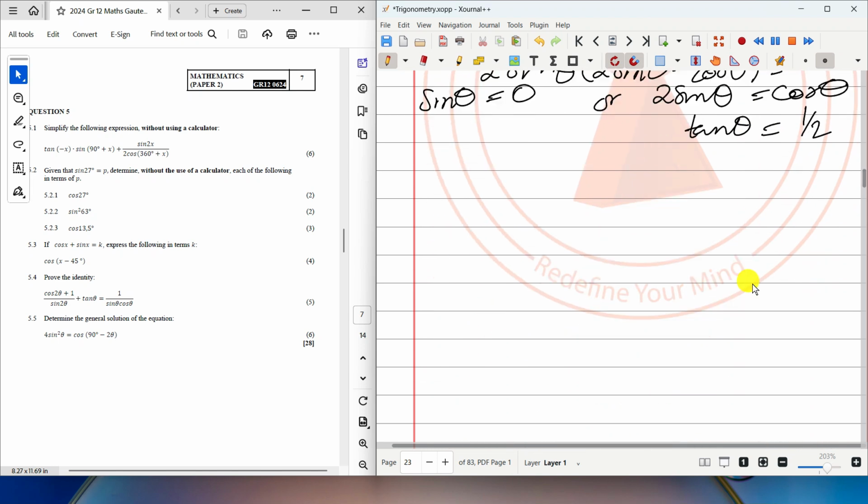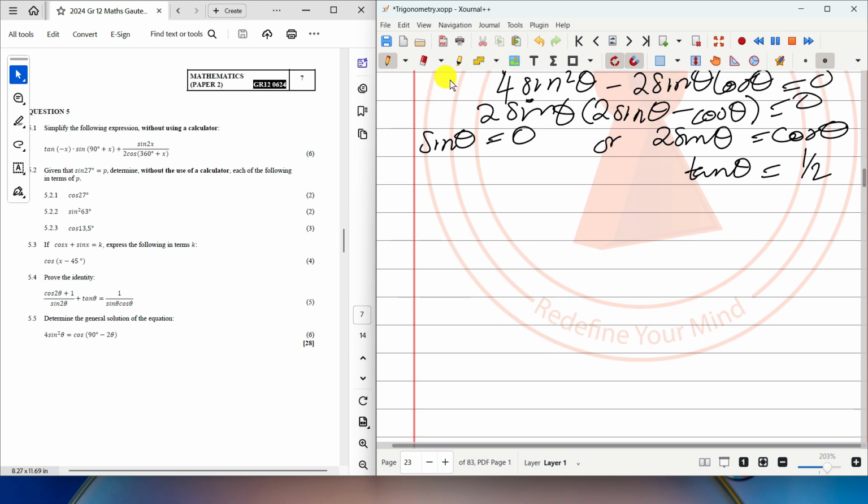Okay, great. So for this one, we know that the reference angle here is sine inverse of 0 degrees. It will be 0 degrees.